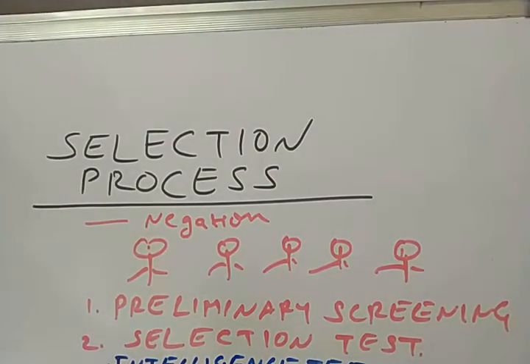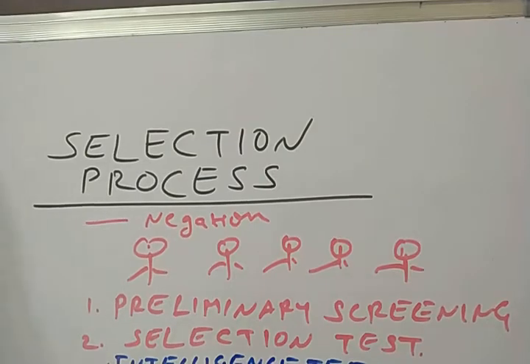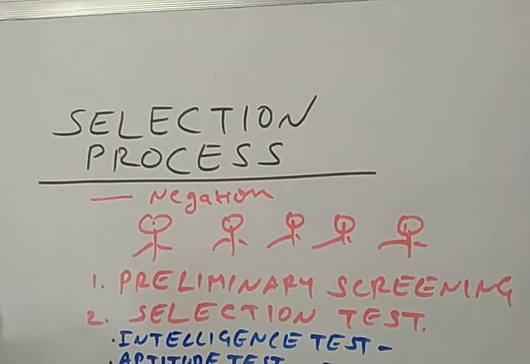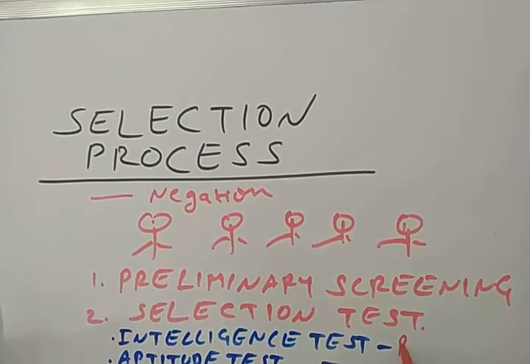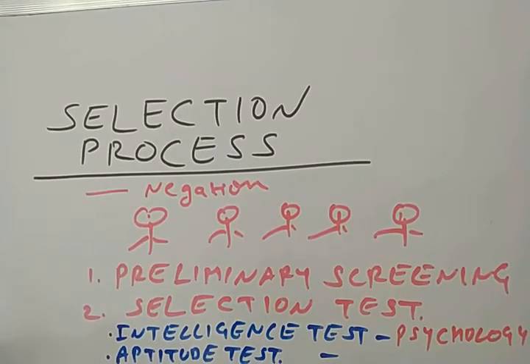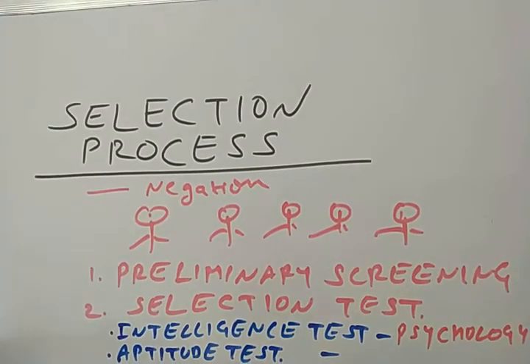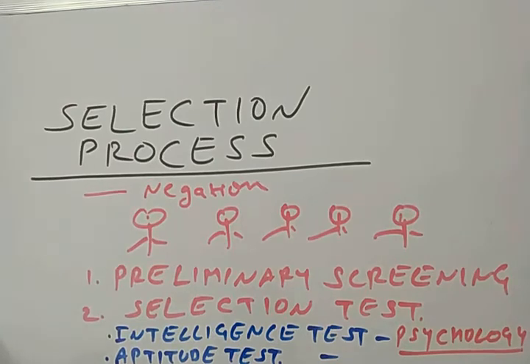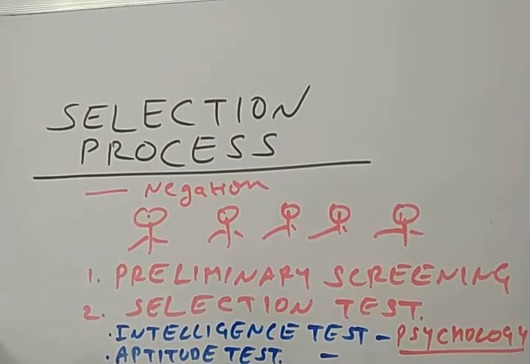There are many types of selection tests like intelligence test. In intelligence test, psychology and emotional intelligence quotient is measured of the employee or of the candidate, we should say.